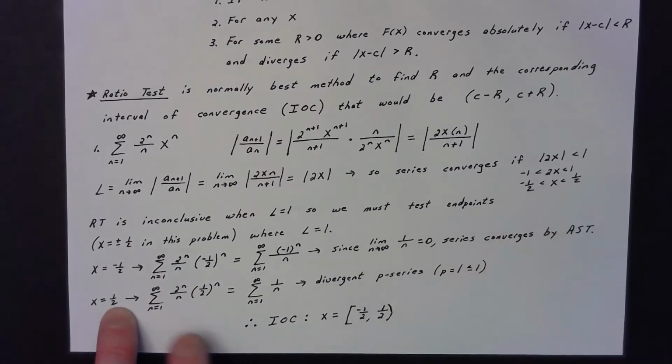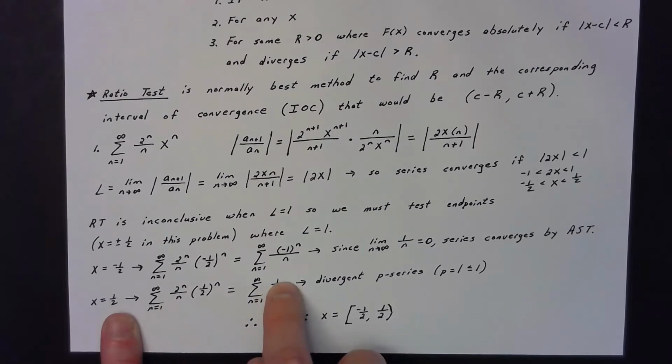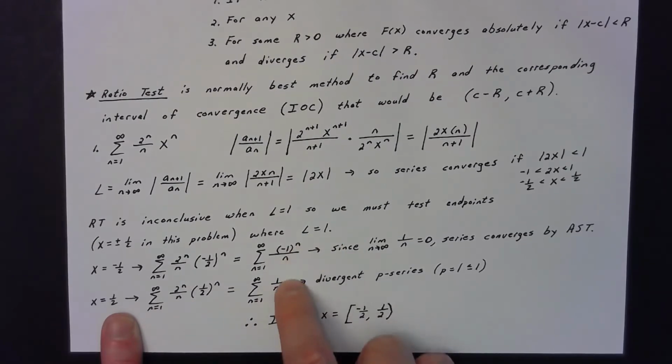I test that. If I plug a 1/2 in here, it looks pretty much the same as when I plug a negative 1/2 in. It's just that now, whenever I multiply the like powers' bases, 2 times 1/2, it's just a 1. So unlike here, I don't have an alternating series. I just have a very basic normal p-series.